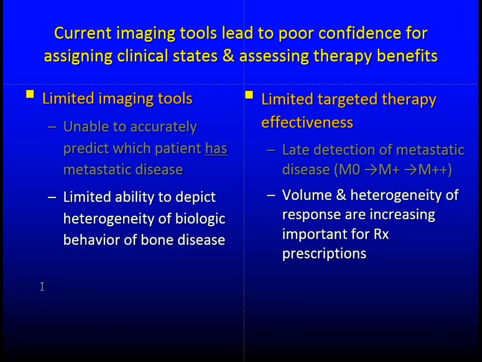Now it turns out that the volume and the heterogeneity of response to treatment are increasingly important for treatment prescriptions. I just wanted to concentrate on the issue of volume.